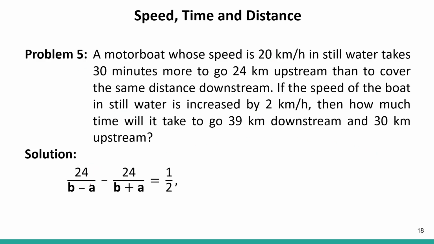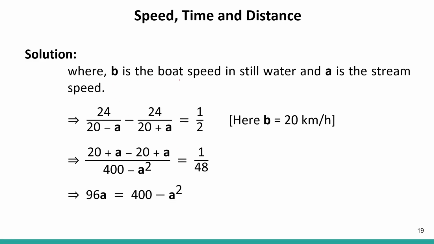Okay. So 24 by B minus A minus 24 by B plus A is equal to 1 by 2, where B is the boat speed in still water and A is the stream speed. Okay, so 24 by 20 minus A minus 24 by 20 plus A is equal to 1 by 2. So 20 plus A minus 20 minus A, so 20 minus and 20 plus cancel each other. So 2A by 400 minus A square is equal to this much.